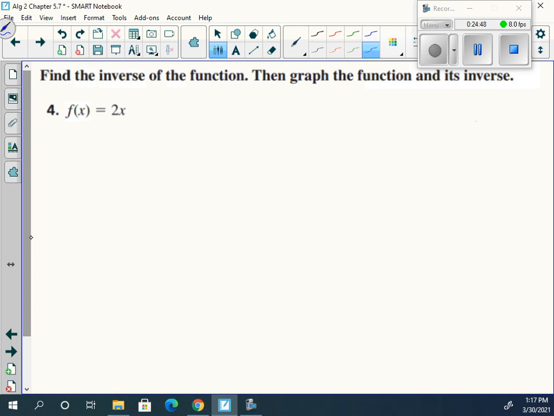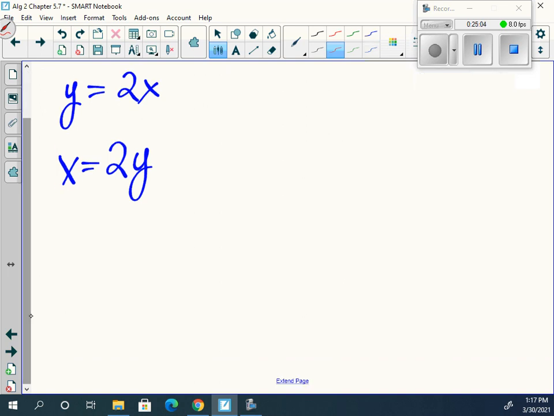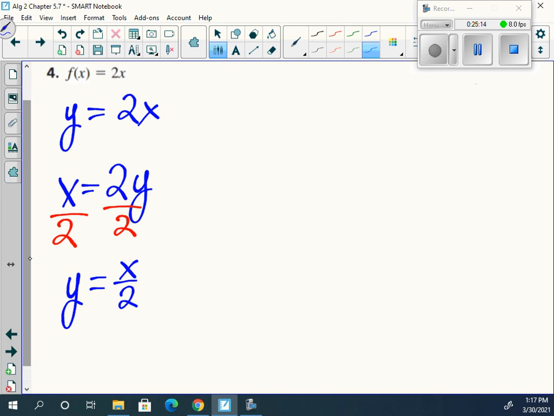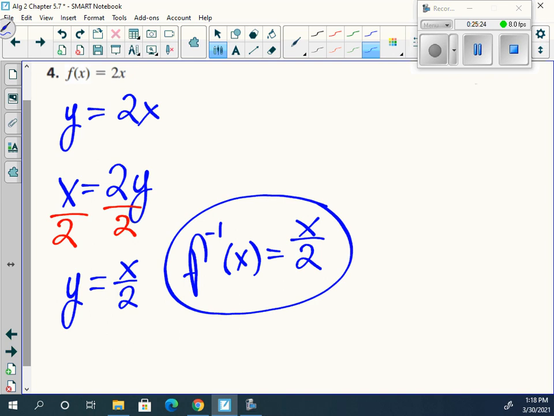Let's go on and do this one here. So what would we do first? Yes. F of x, yes, equals x over 2.